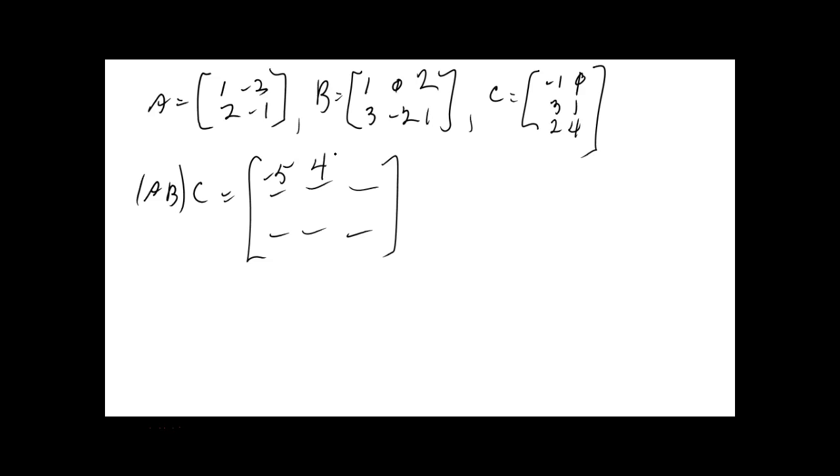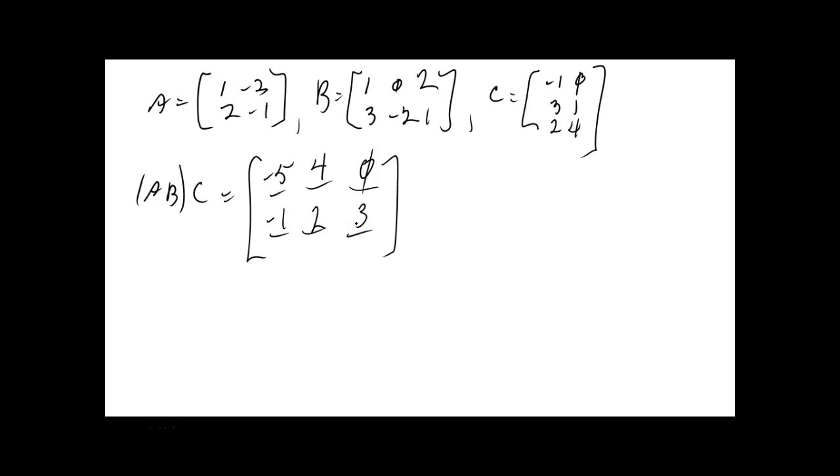And then 2 minus 2 is 0. Now we're going down to the second row, first column. 2 minus 3, which is -1. Then 0 plus 2, which is 2. And then 4 minus 1, which is 3.